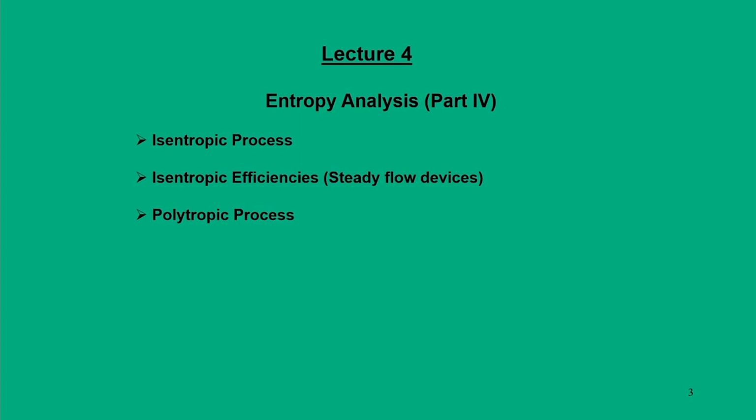These steady flow devices include compressors, turbines, nozzles, diffusers, pumps, and they are the basic components for steam or gas turbine power systems.